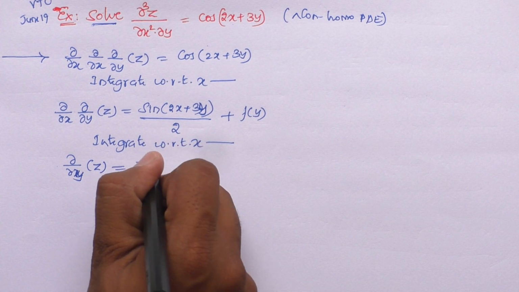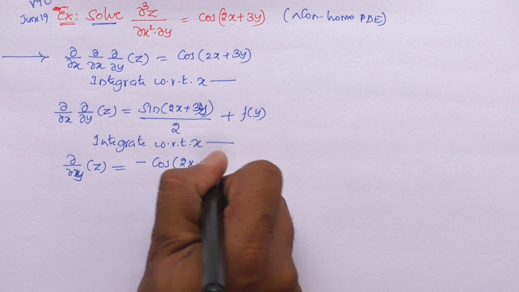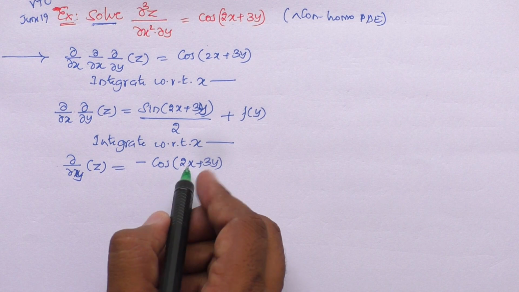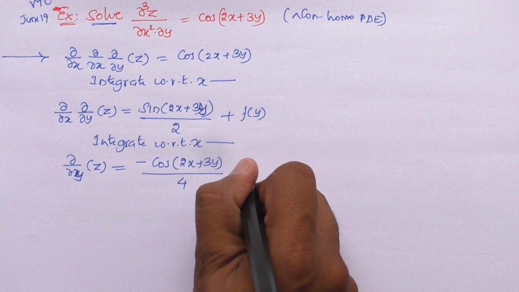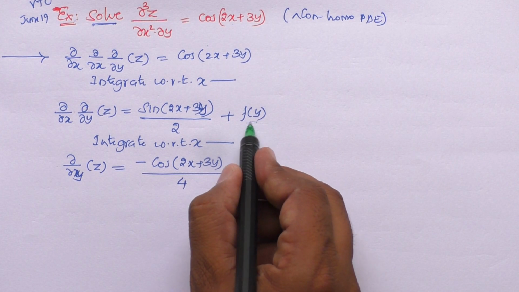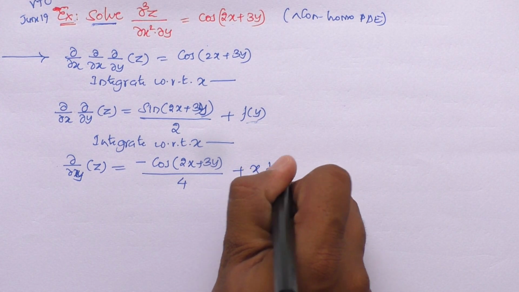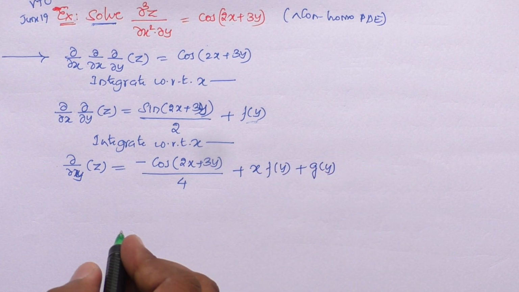Integration of sine we know is minus cos (2x plus 3y). So with respect to x integration, the multiple of x you divide by. Already 2 is there, 2 into 2, 4 we get. Plus, with respect to x, the y term is treated as constant. So constant into x, x into f of y, plus arbitrary constant, some g of y. Let us consider g of y.